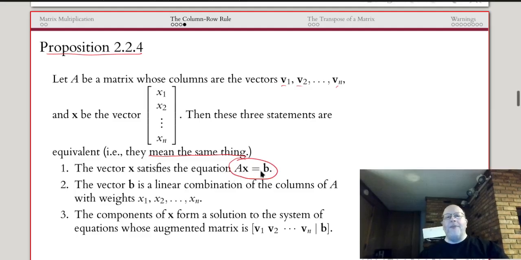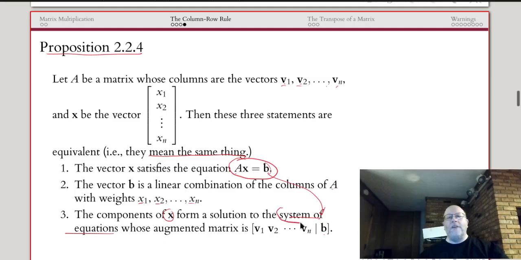Or we can say that b is a linear combination of the columns of A using x1 through xn as the weights. Or we can also say that the components of x solve the system of equations whose augmented matrix has these vectors from A on the left side and whose augmented column is the vector b. All of these say the same thing.